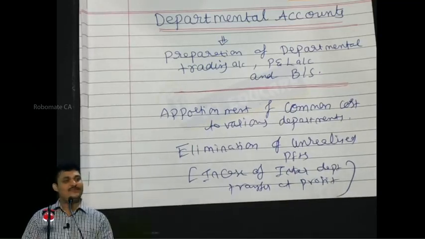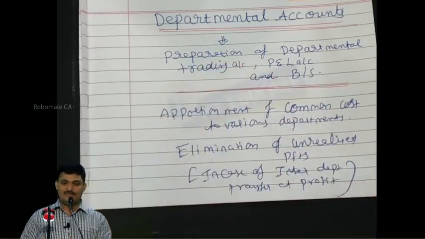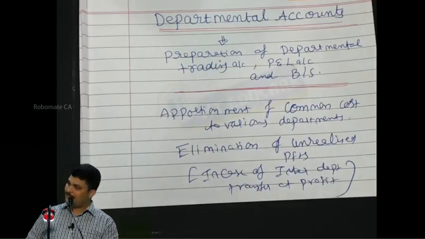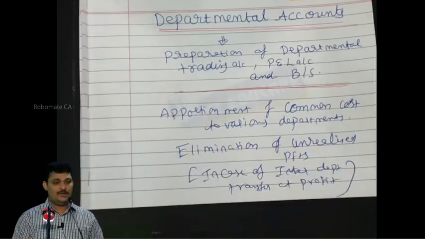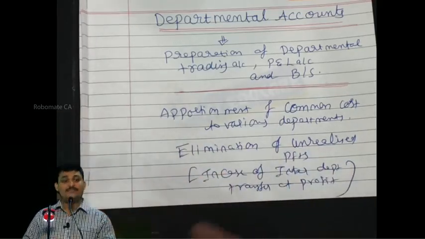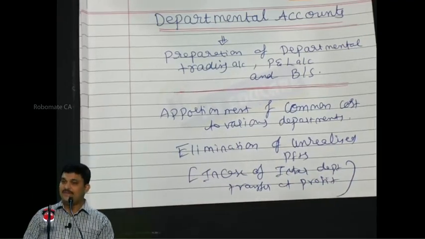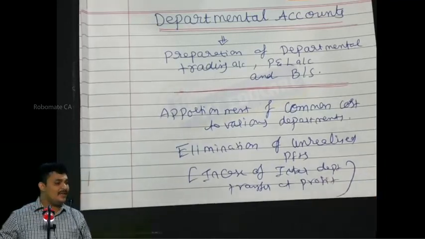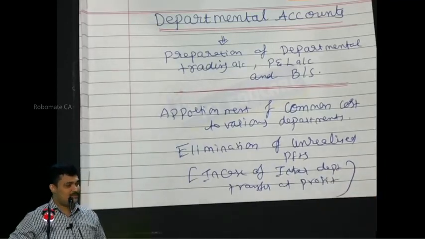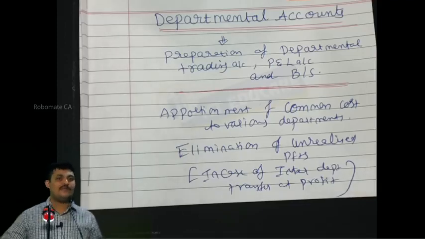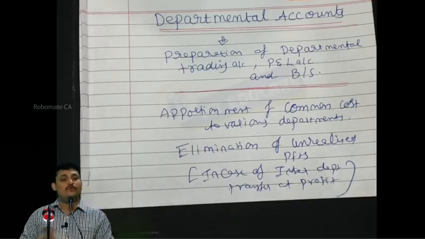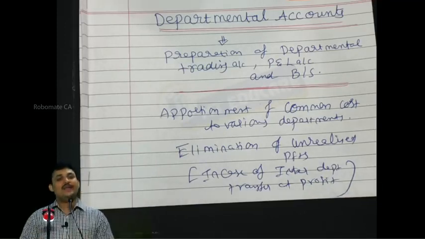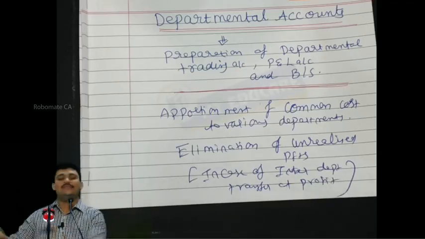Now listen friends, I told you in the pre-lunch session that generally the unrealized profit shall be eliminated in the general P&L. We stick to that particular point. But if the department manager's salary is based on the departmental profits, then it will be generally based on the department's realized profits, and thereby we eliminate the unrealized profit from departments. Are you following? You may be asking, sir, what if A transfers to B and B is not selling, then no remuneration to A. It is primarily because A transferring goods to B may be a very negligible transaction.